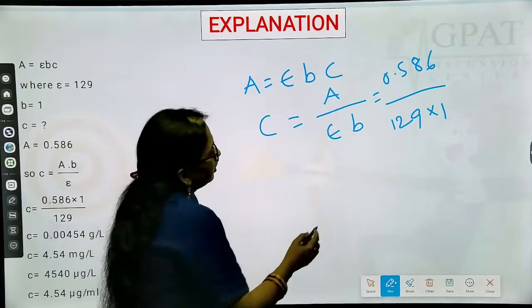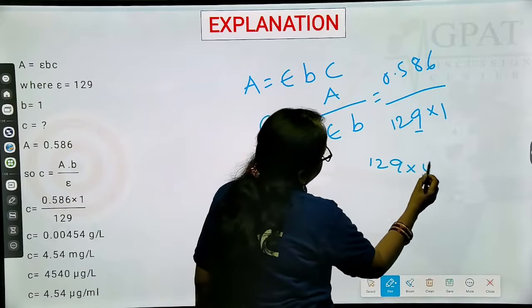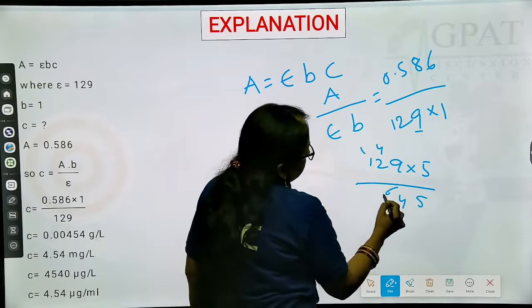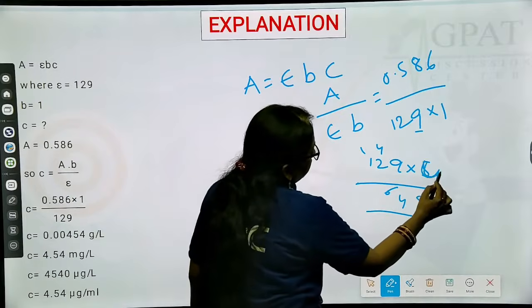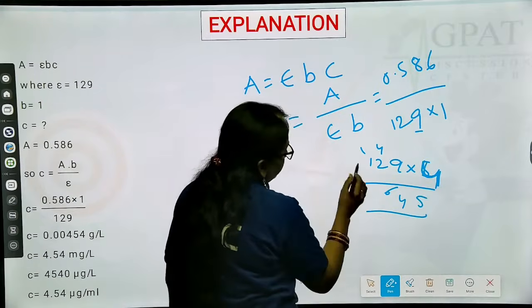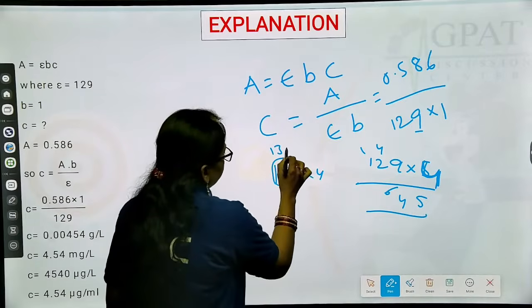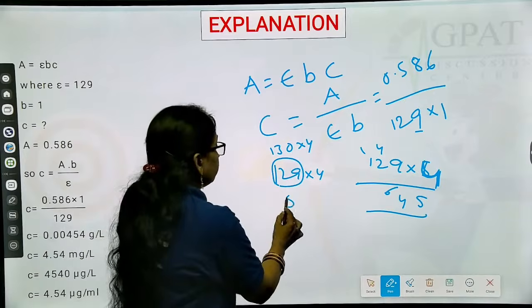Almost, if you take this 129 into 5, okay, if you multiply this, 645 will come. If you multiply this by 4, then how much will it come? 129 into 4, let us say almost 130, okay. 130 into 4 means 520 will come.